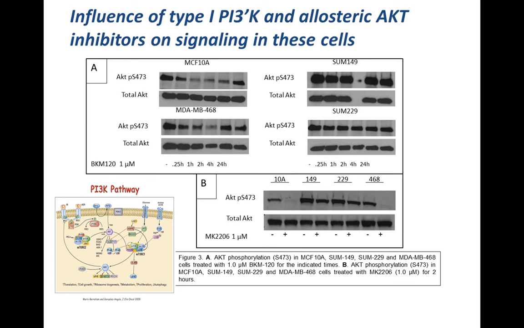However, in the SUM149s and in the SUM229s, nothing. No effect of the BKM120 on the same target in these two cell lines. Again, they're all PTEN null. Very, very surprising.